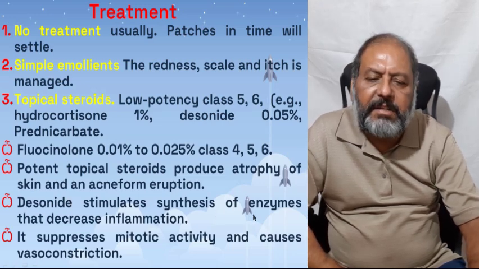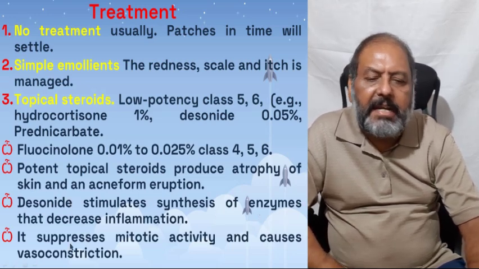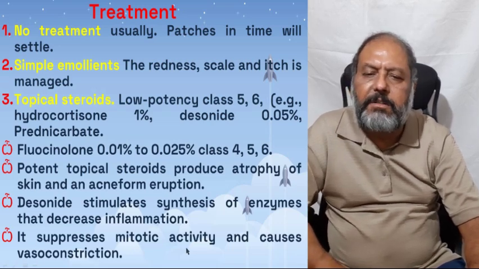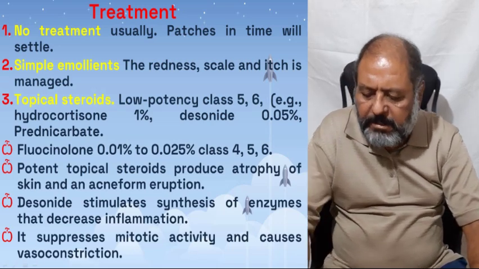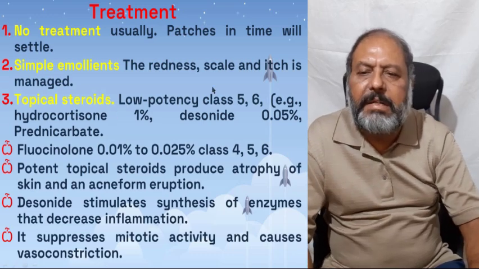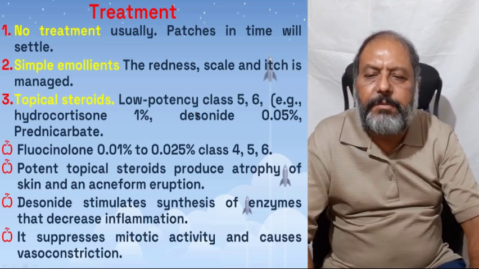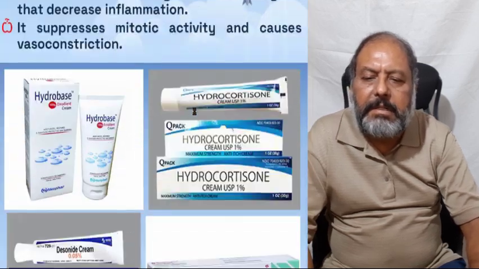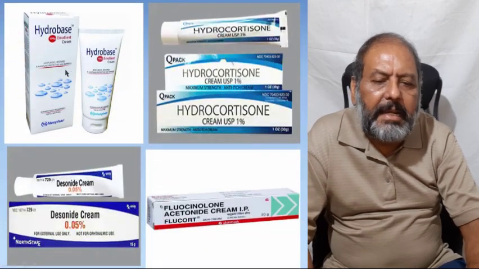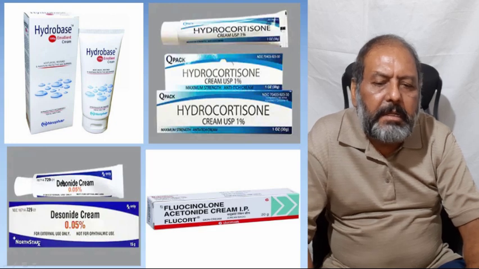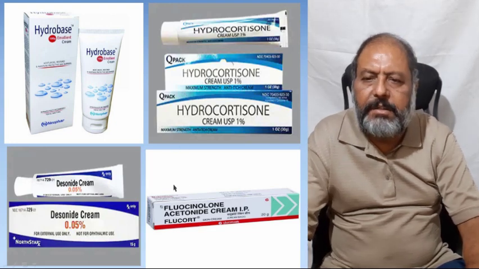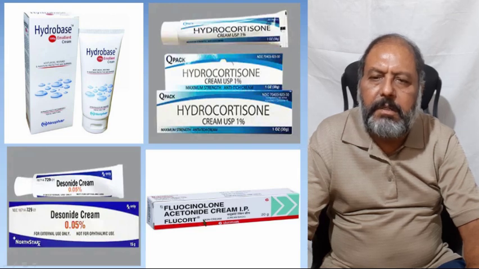It suppresses mitotic activity and causes vasoconstriction. So these topical steroids should be preferred for Pityriasis alba. And here one can see hydrobase and desonide cream, hydrocortisone cream, and fluocinolone acetonide cream which can be used. These are the moisturizers which can be used, hydrobase.